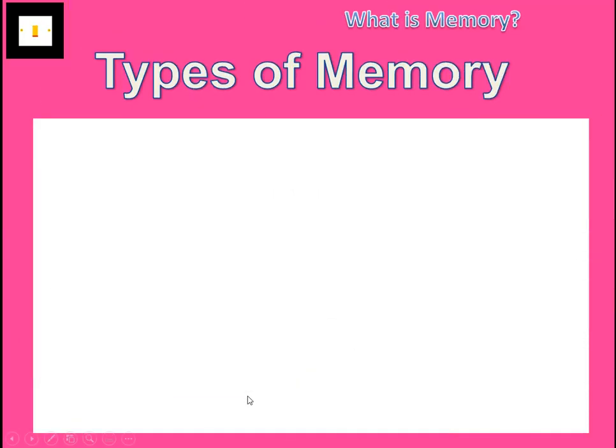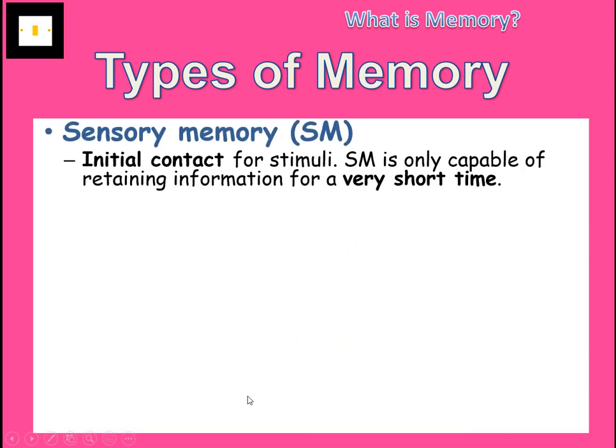So, different types of memory. First of all, we know that the first type of memory is sensory memory. This is the initial contact, and it is a very, very limited store which is only capable of retaining information for literally a fraction of a second.